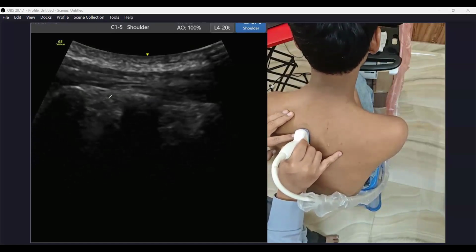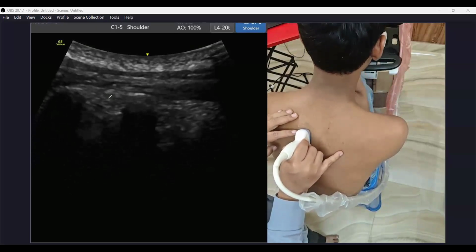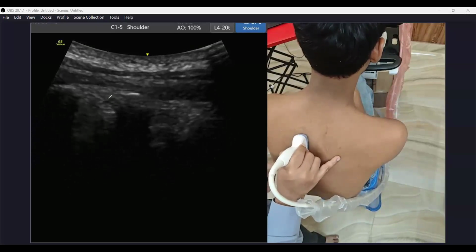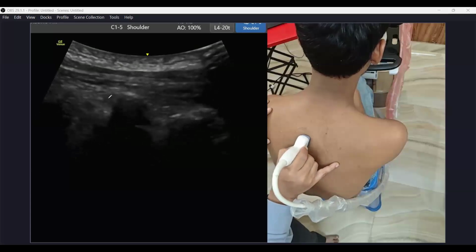Okay. So what I will do here, just below the yellow mark, this is one transverse process. I will make the lower end go a bit lateral, a bit lateral.